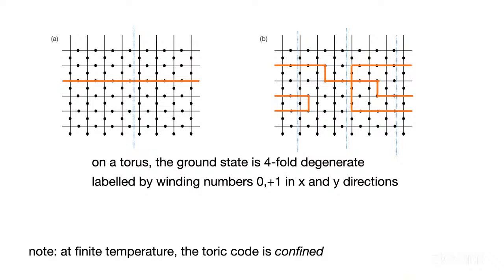So the only thing that matters is winding number modulo 2. So it's 0 or 1. Now you can have 4 sectors. You can have a winding number 0 or 1 in X. You can have a winding number 0 or 1 in Y. So you get a 4-fold degenerate ground state on the torus. And this degeneracy will always depend on the geometry.